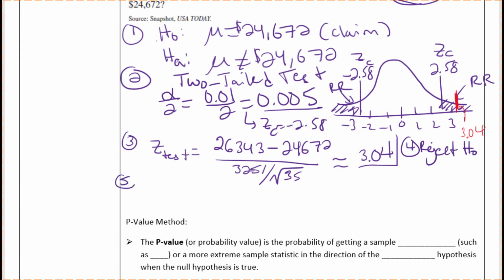Then step 5, since we reject it, we're going to say we have sufficient evidence, or enough evidence. Since our claim belongs to our null hypothesis this time, we're going to use the word reject. Okay?